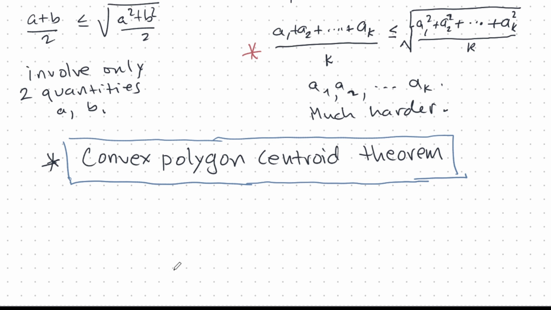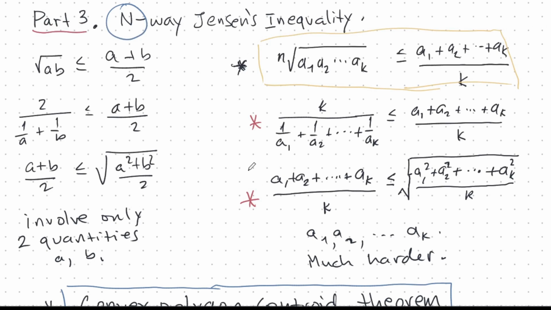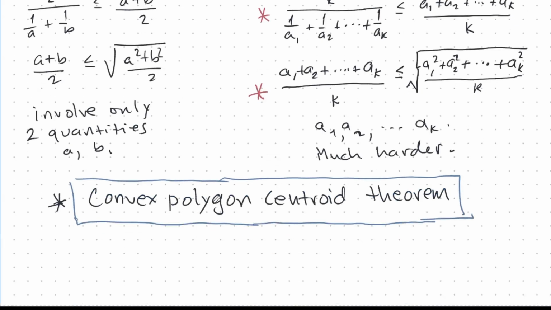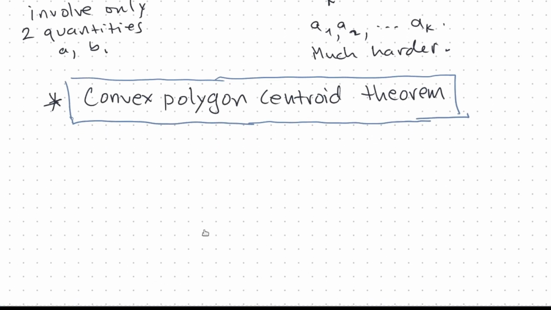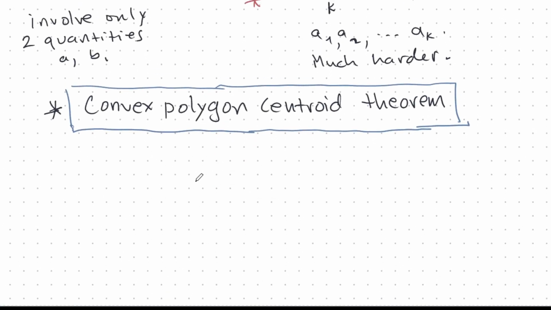And we will now use it, and I will convince you that this is a very, very powerful theorem, because it will allow us to easily deduce all of these inequalities. And it'll allow us to easily deduce N-way Jensen, and then everything else just follows automatically from this. So this is a super powerful theorem.